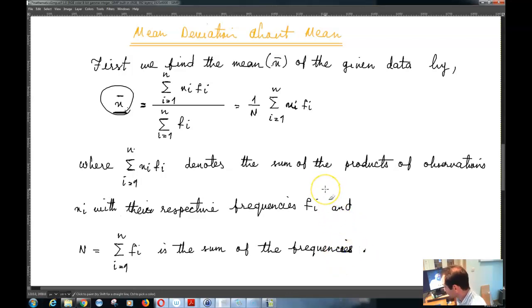So then we find the deviations of observations x of i from the mean x bar.